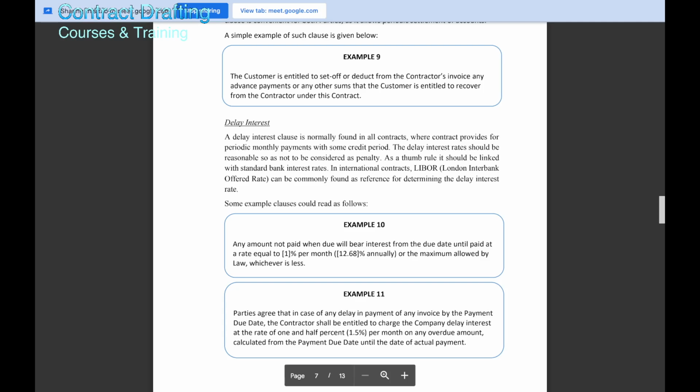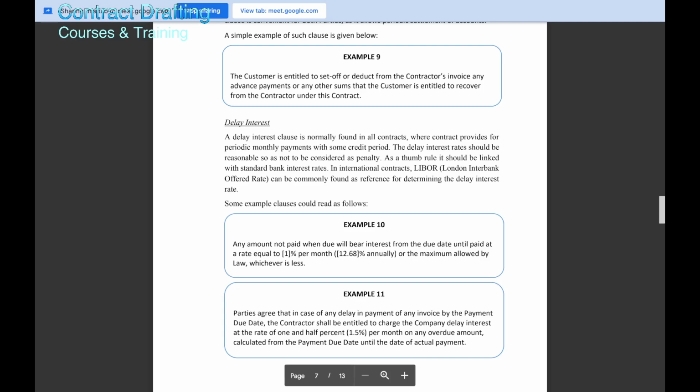Then there can be a security deposit clause. So it is very common in the lease agreements to have a security deposit amount paid by the tenant. But whether that will bear any interest or not, whether there can be any deductions by the lessor in case of any damages towards unpaid utility charges and all, or towards unpaid rent. So all those clauses can be there.